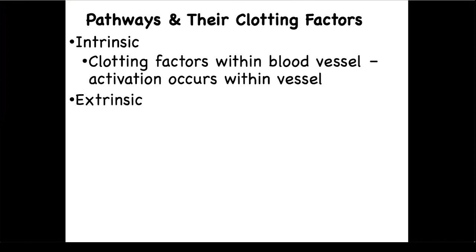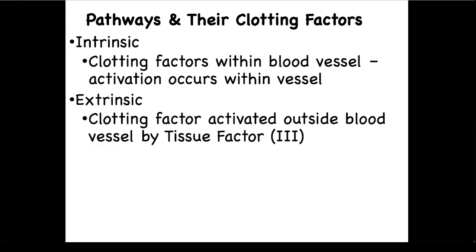In the extrinsic pathway, the activation of the first clotting factor occurs in the tissue. So outside of the blood vessel, this is going to require tissue factor, which is clotting factor number 3, released by damaged tissues. So blood has left the blood vessel.